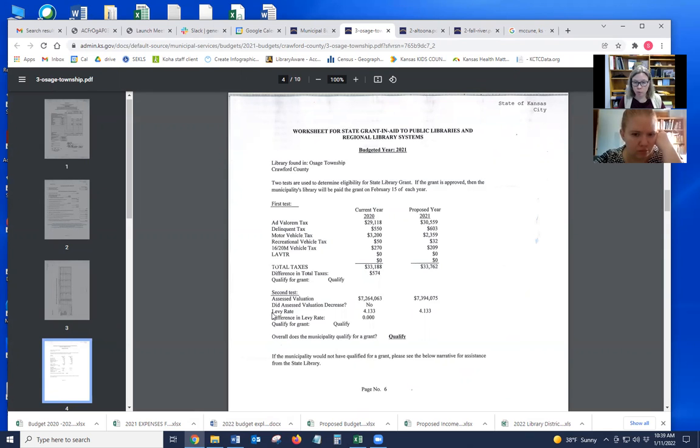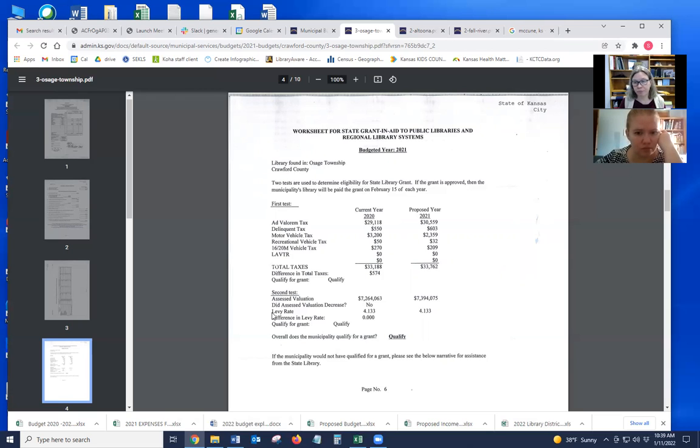For McCune, for Morgan, both. They're asking for $574 more in 2021 than they asked for in 2020. So that means that they got state aid, and their mill levy rate stayed the same. So this means that in McCune, property values are going up. So you're in a good situation.